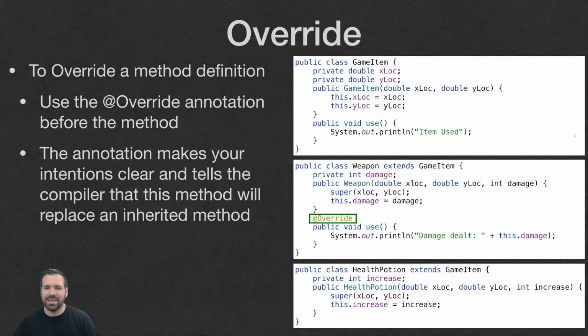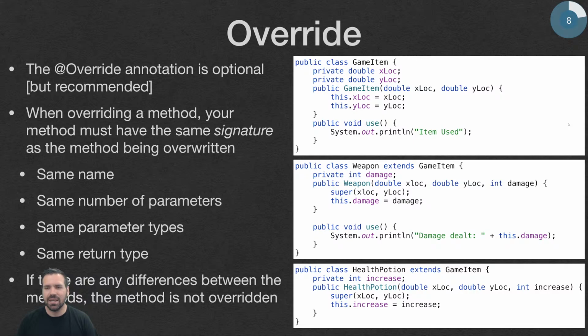Now this annotation is optional. So if I don't have this annotation, this code has identical behavior as when I do have the annotation. And personally, I like the annotation. I strongly recommend using the annotation because it makes your code a lot easier to read. Your intentions are very clear when you use the override annotation.